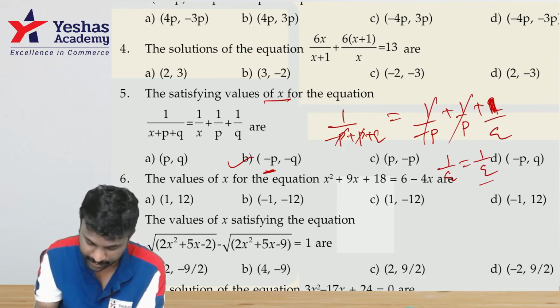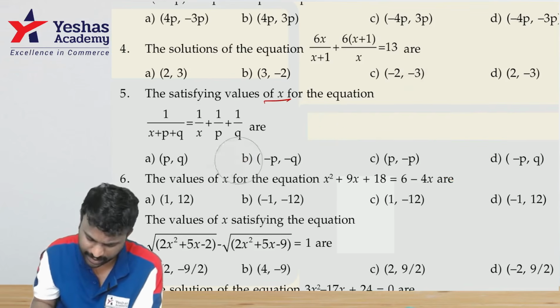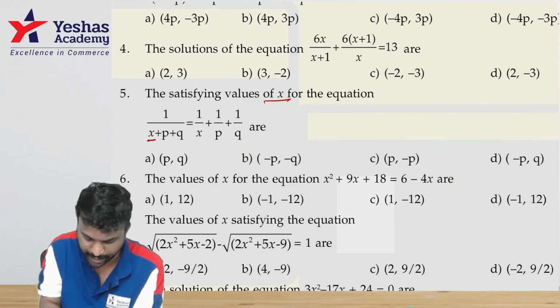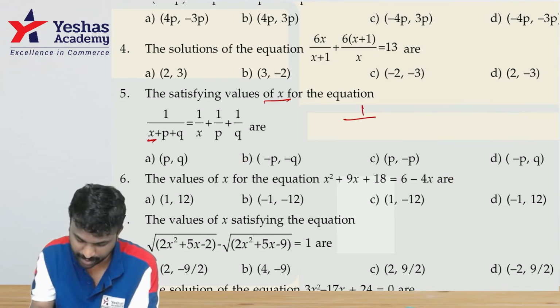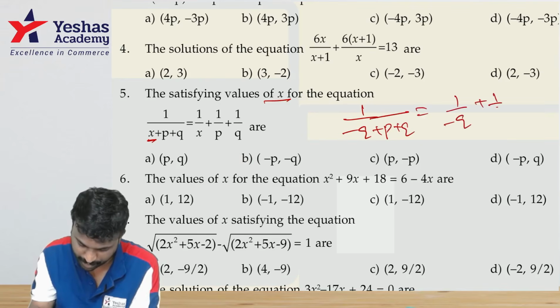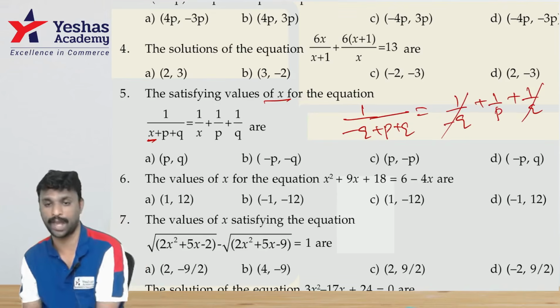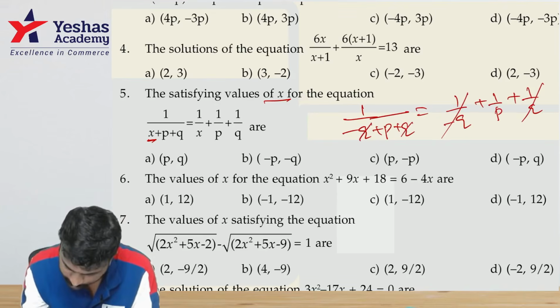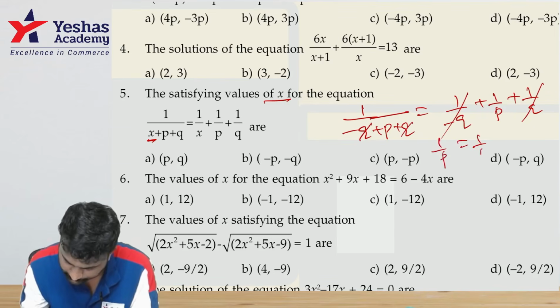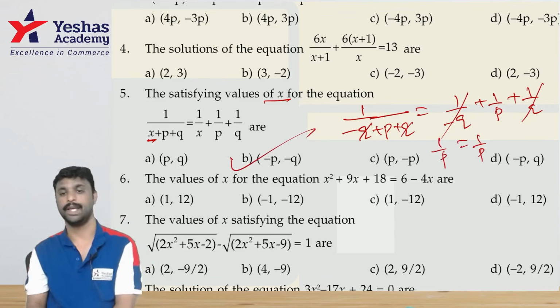So minus p satisfies. How about minus q? Definitely minus q also should satisfy. If I put x value as minus q, 1 by minus q plus p plus q is equal to 1 by minus q plus 1 by p plus 1 by q. Yes, minus 1 by q plus 1 by q cancel. So 1 by p equal to 1 by p. That means option D is the right answer.